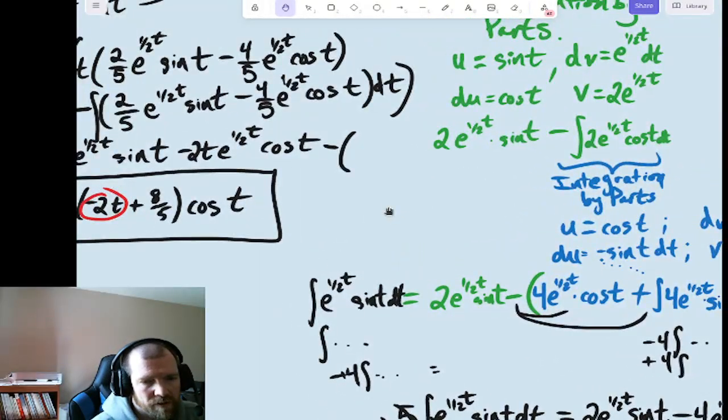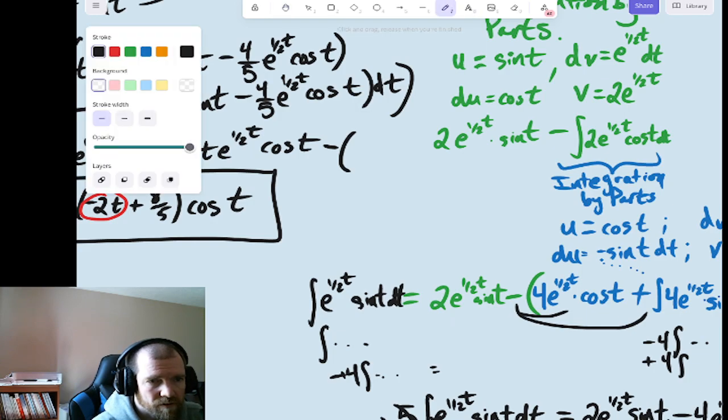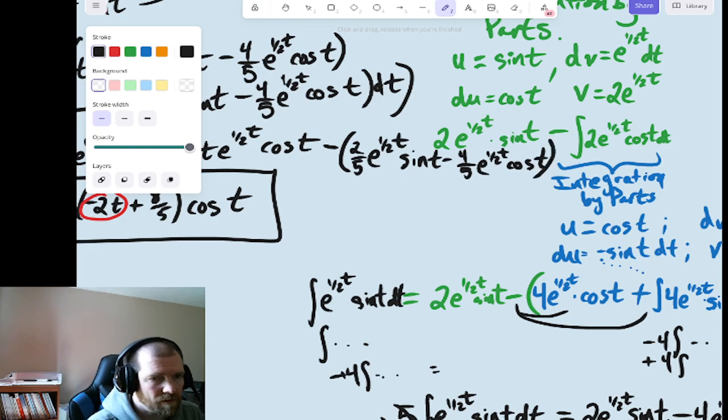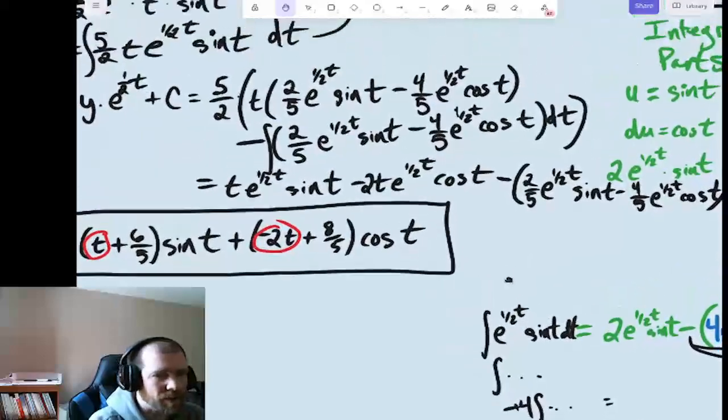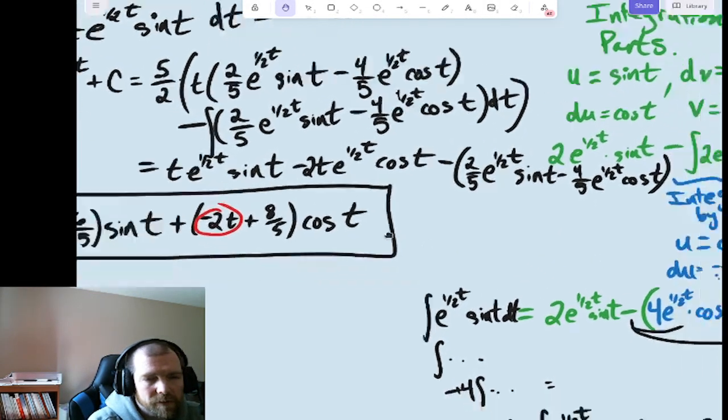That's just going to be 2/5 e to the 1/2 t sine of t minus 4/5 e to the 1/2 t cosine of t. It's fine, it's not going to get all messed up, it's fine.